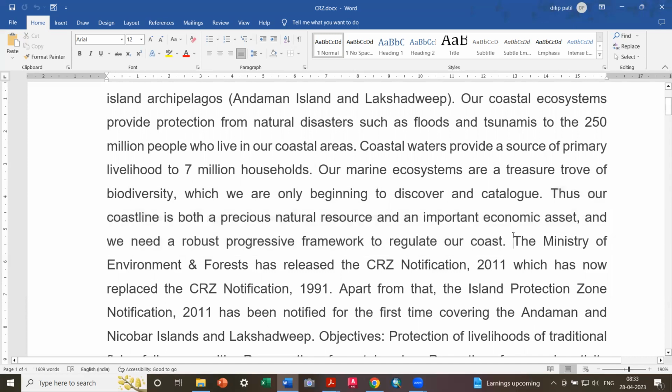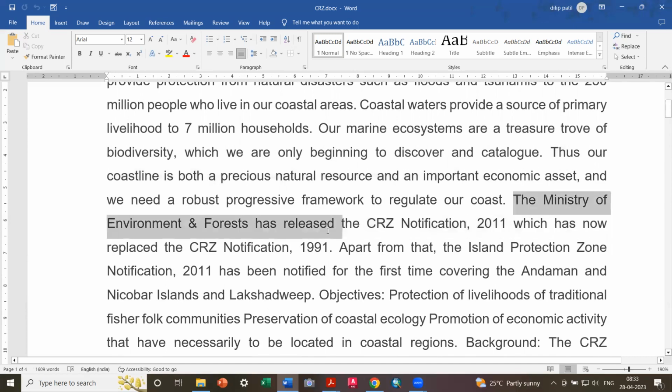The Ministry of Environment and Forest released the CRZ notification in 2011, which has now replaced the CRZ notification of 1991. In 1991, the government thought of such initiatives for the protection of coastal areas. They have come up with different notifications, modified and amended them from time to time as per requirement.